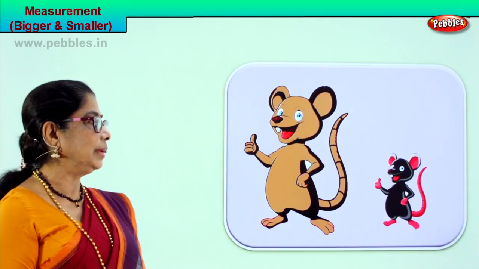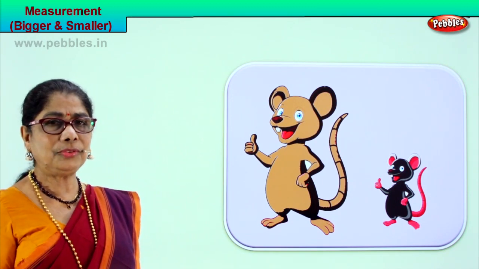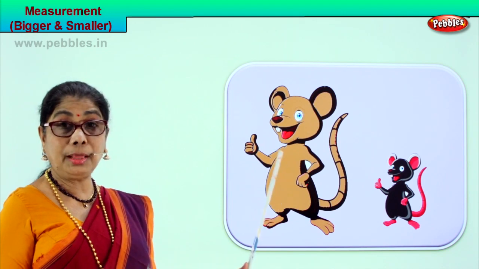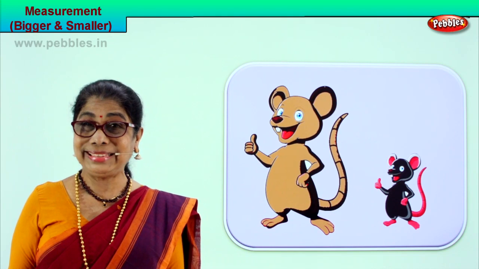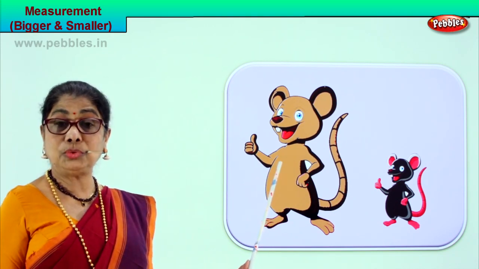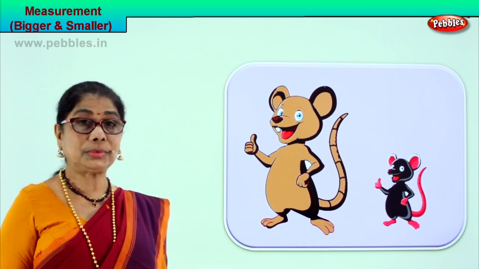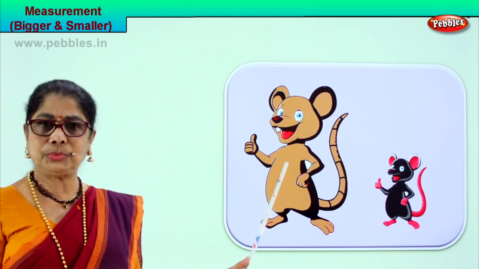See what we have here. We have two little rats. There's a tiny mouse here and a bigger mouse here. Mama mouse and baby mouse. Yes? Now, this mama mouse is bigger than this tiny mouse. This mouse is smaller than the mama mouse.